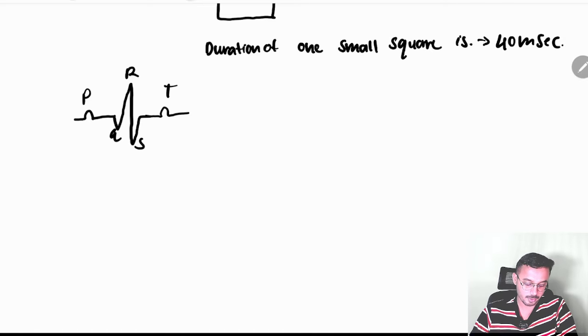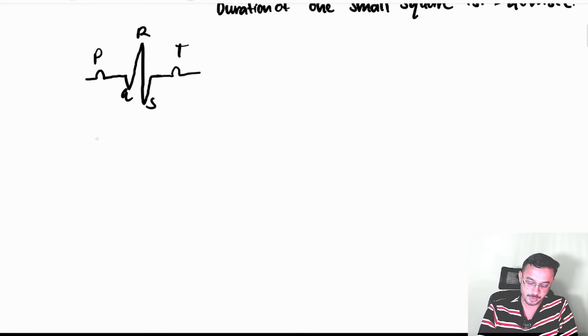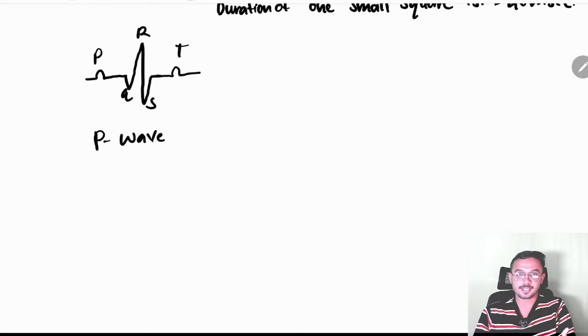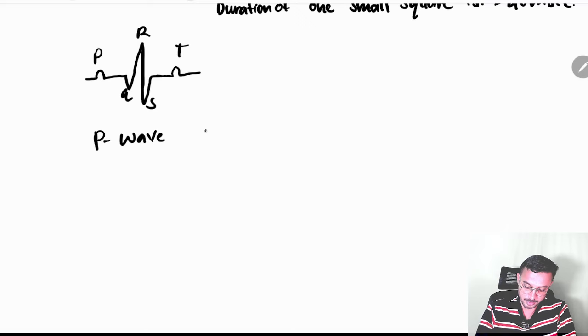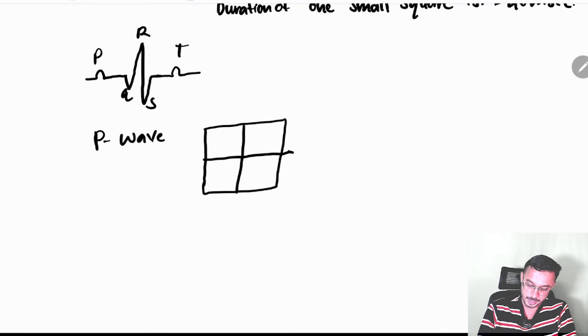Let me discuss the P wave now. How is this P wave generated? Imagine this is the heart, and this is the right atrium and this is the left atrium.